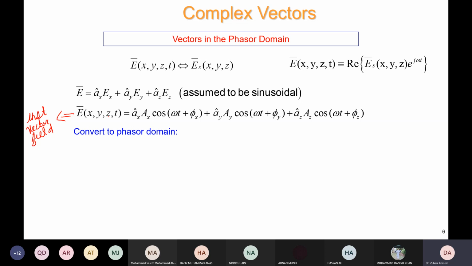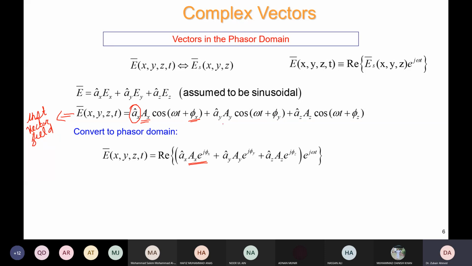Now we want to write this in the phasor domain. So we want to have a vector phasor corresponding to this instantaneous vector field. What we can do is use the fundamental definition of the phasor. We pick the amplitude ax and phase phi x, and we can write this as ax exponential of j phi x. And because it's a vector, we also have to take into account the ax unit vector.